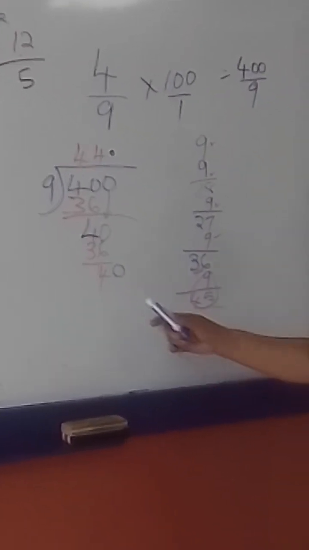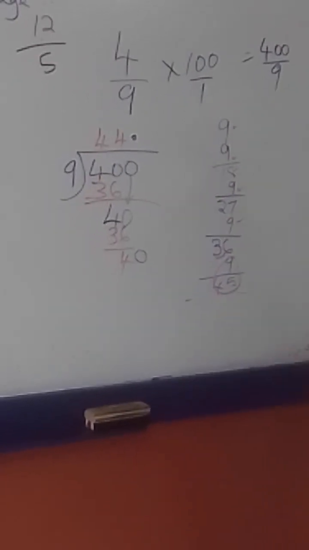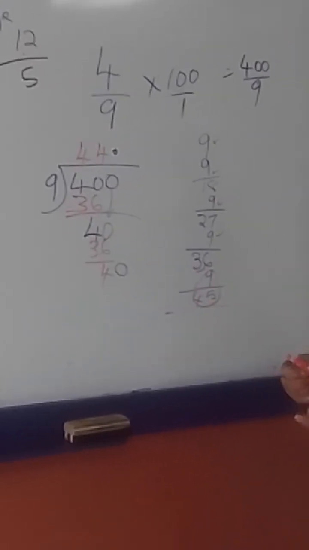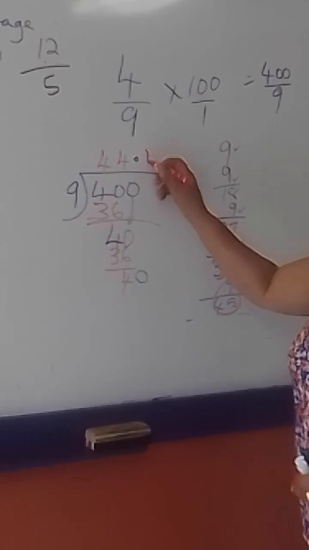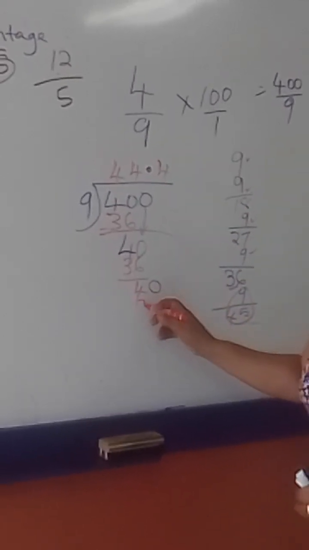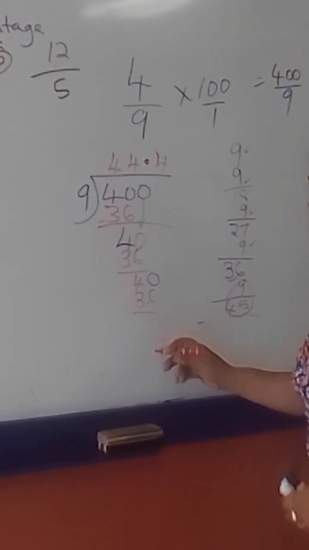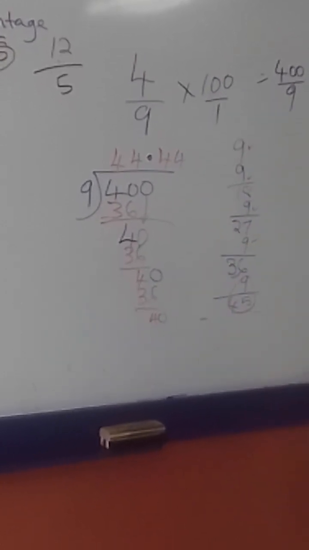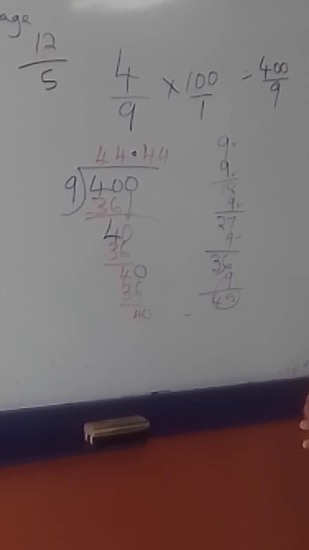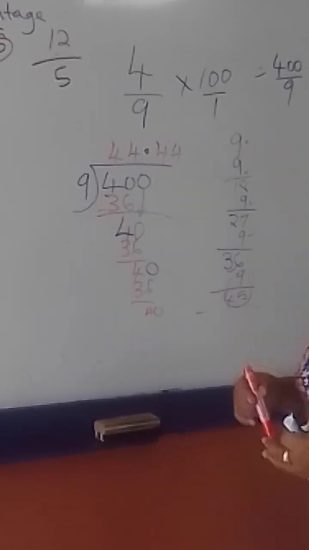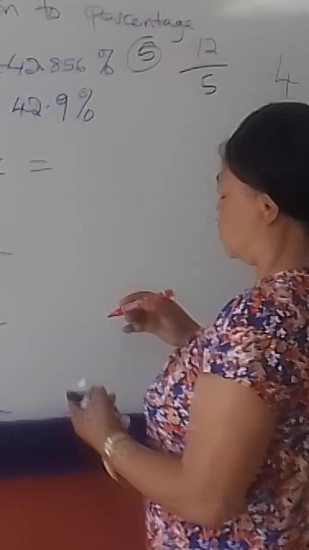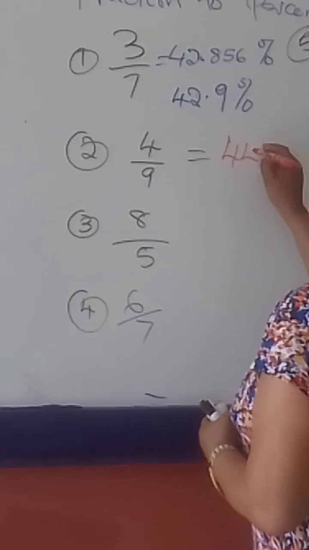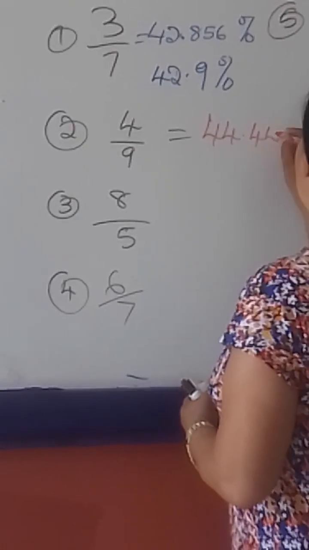I'm going to still end up with 40 again. 9 into 40 is going to be 4 times, and we can see this becoming a repeating decimal. It's going to be 4, 4, 4, 4, and so I stop at 44.44%. So 4 over 9 is 44.44%.